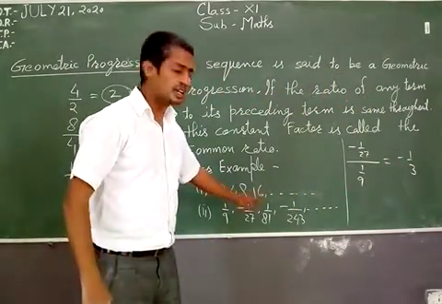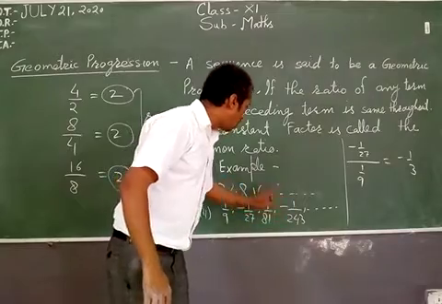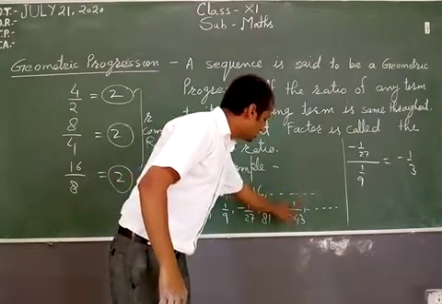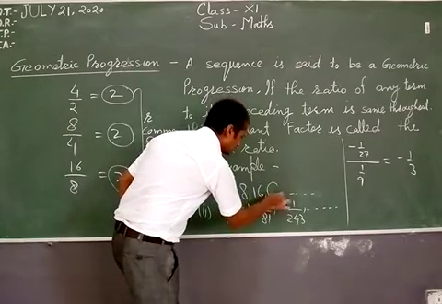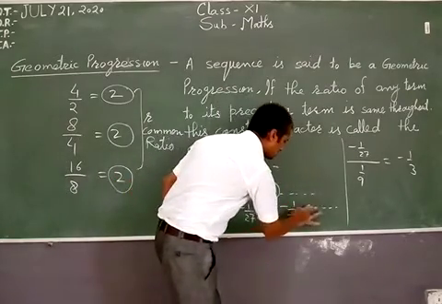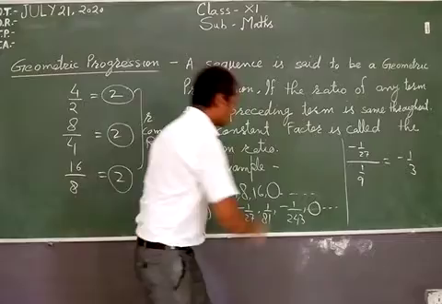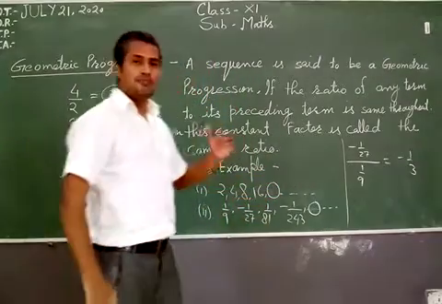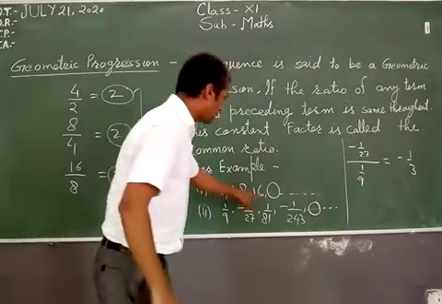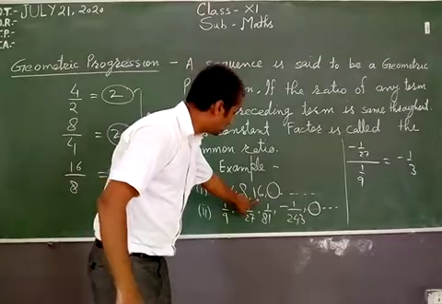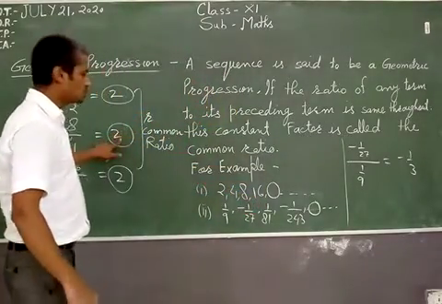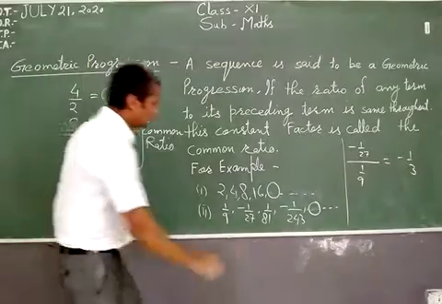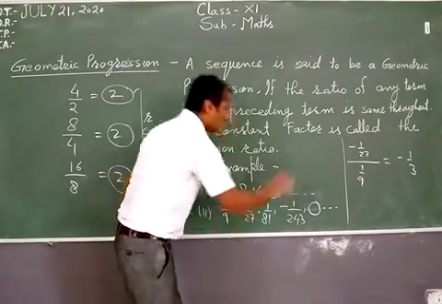Suppose we have to find the next term of this series. We multiply the last term by the common ratio. The last term is 16 and the common ratio is 2. 16 into 2 is 32.